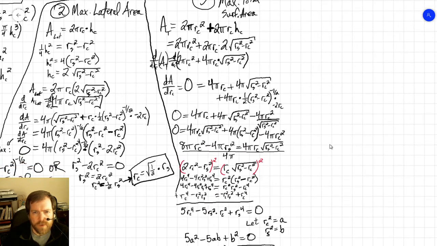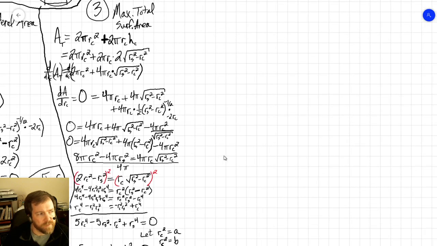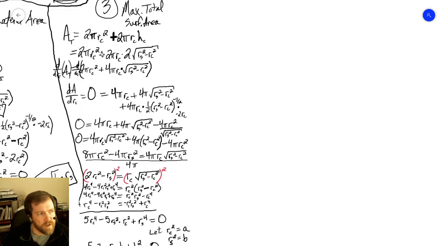So one of the other things that we could do is plot this on like Desmos or something. See what these actually get us. We could do the original, probably here, a equals 2 pi x squared plus 4 pi x times the square root of arbitrary constant minus x squared.